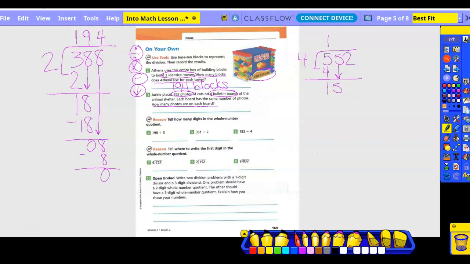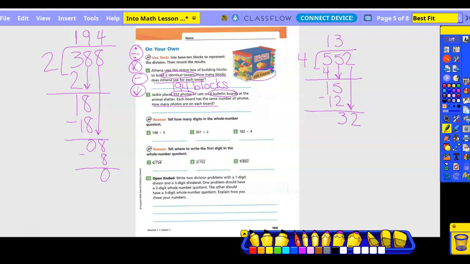So 15 divided by 4 is what? 12. But how many times? 3, right? Okay, and then I can put my 12 down here. Okay, guys? Because I took 3 times 4, right, and got 12. So what is 15 minus 12? 3. So I put 3, and I bring down my 2.